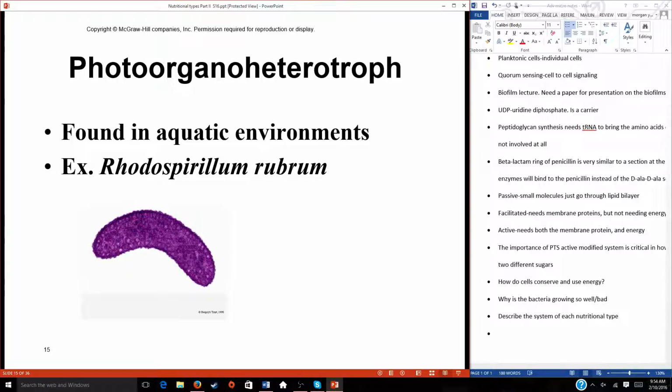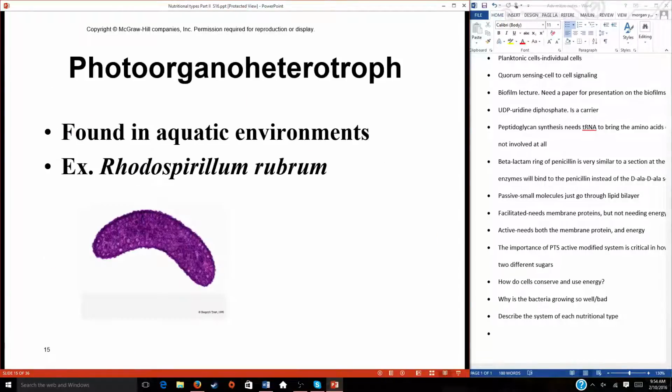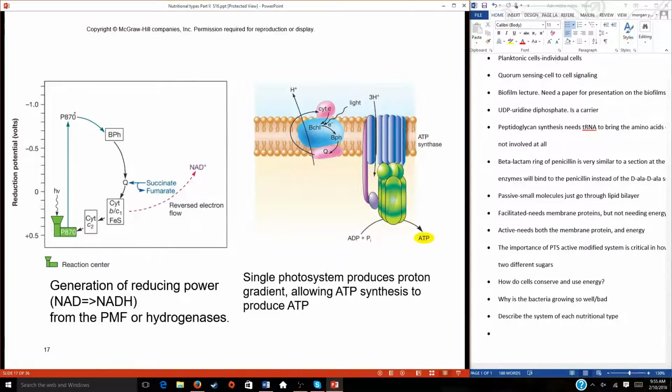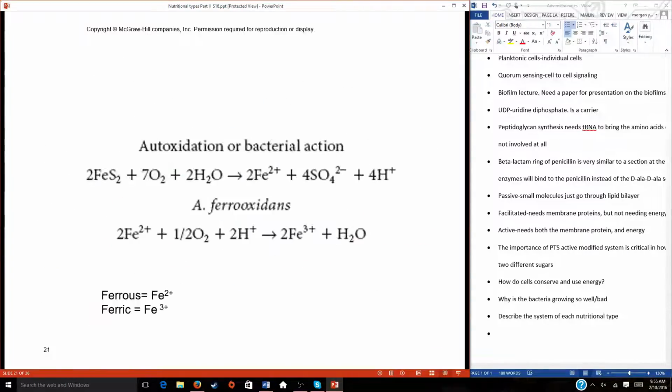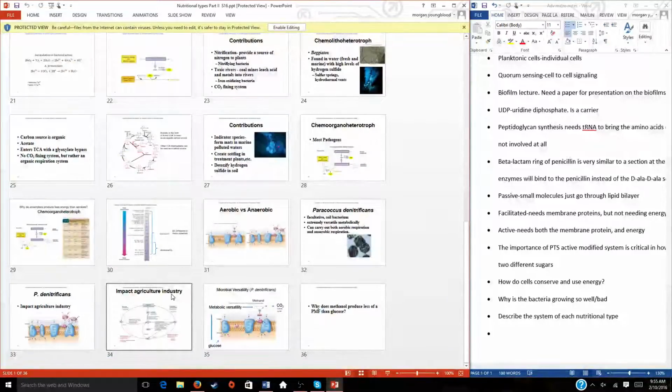And what's unique about it, and different, but there are similarities. Number one, it's a photo, so it has to do with light. That's the same. What's different is that its ability to obtain a carbon source is no longer inorganic. It's not CO2. It has to be some sort of organic molecule.